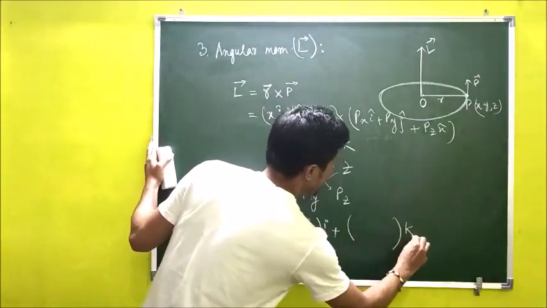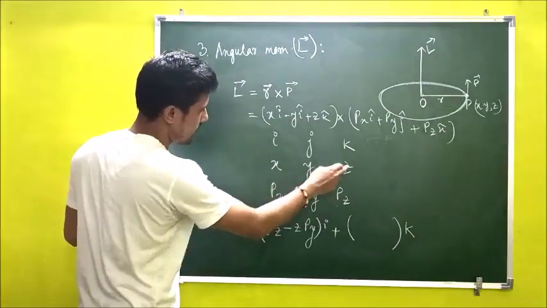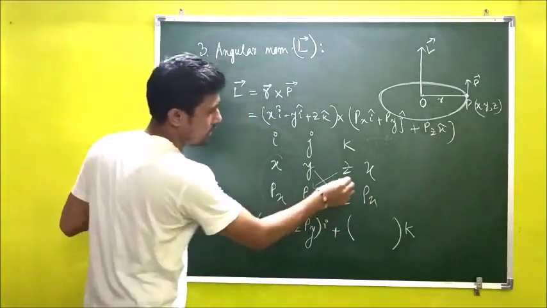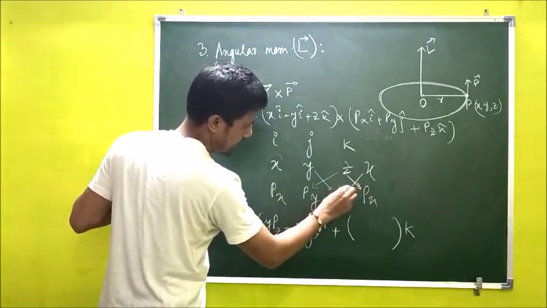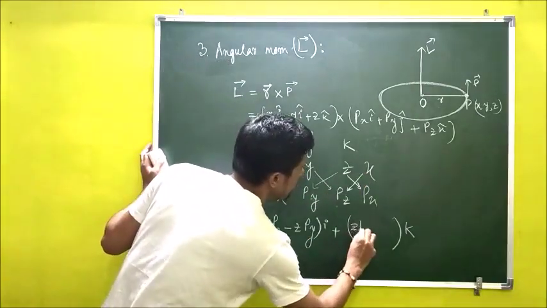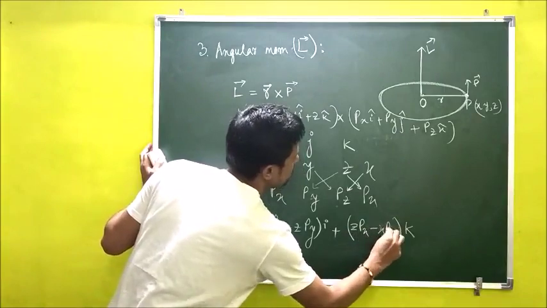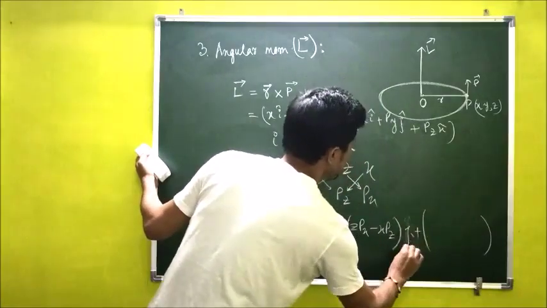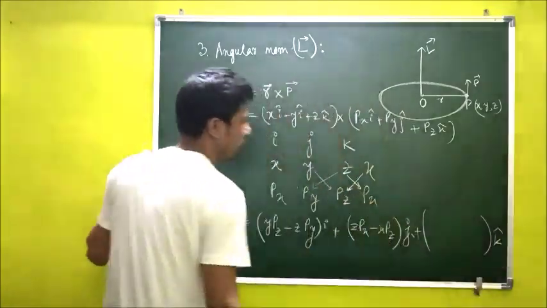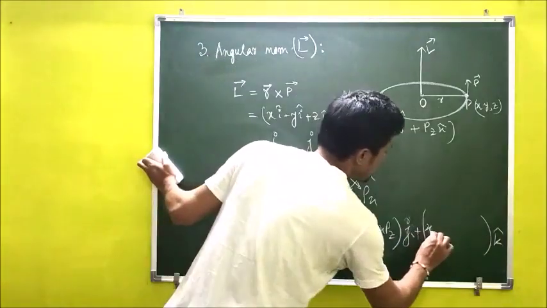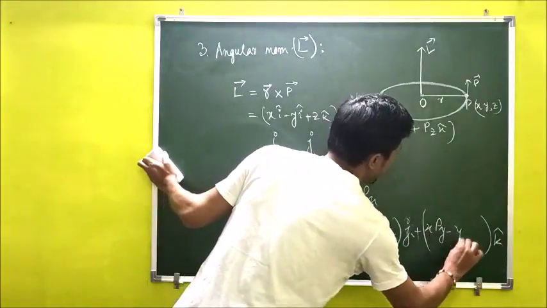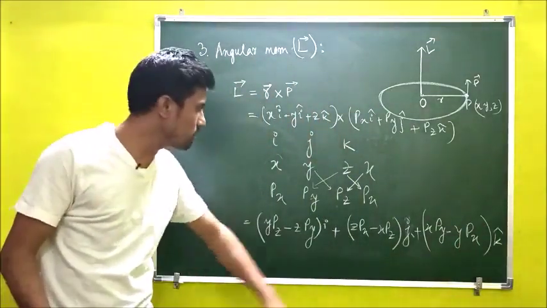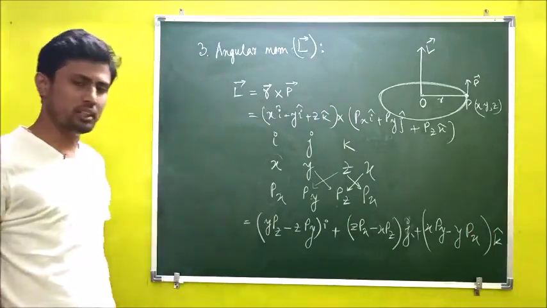For j, you consider these two terms: z into px and x into pz. Similarly, for k: x into py and y into px. So these are the result of the vector product of r and p.